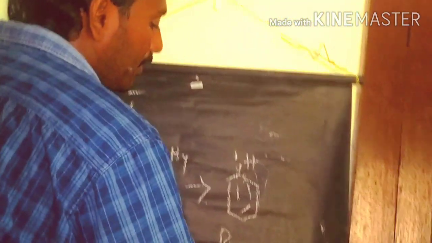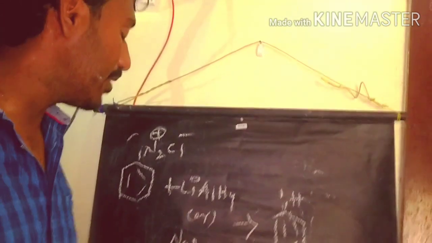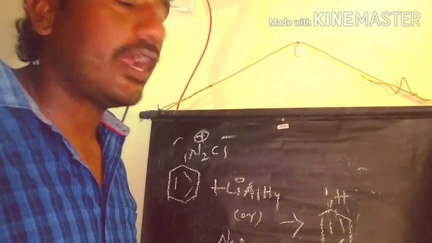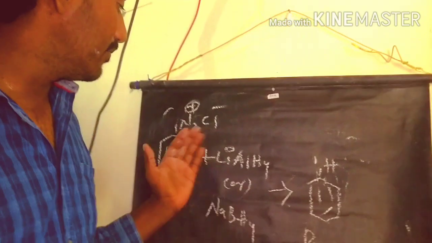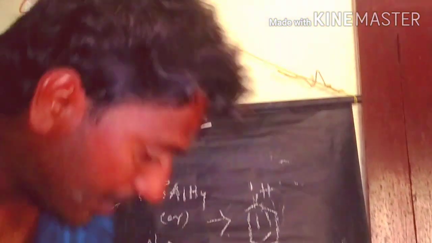So benzene is prepared from the aryl diazonium salt by reaction with lithium aluminum hydride or sodium borohydride.